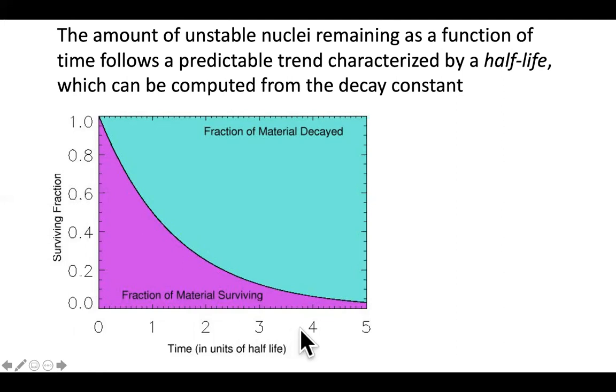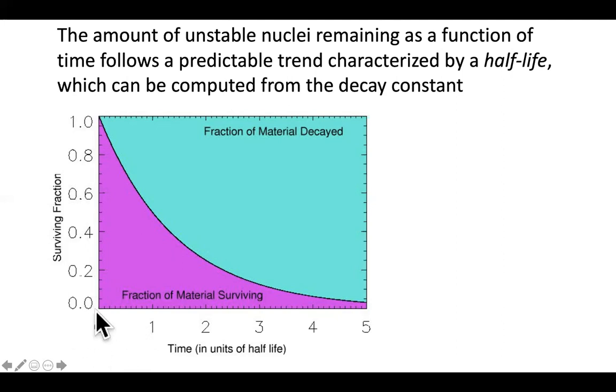So this is just time increasing to the right. At first we have lots, and as time goes on, we have less. So the pink region is how much material is still in its original form. The blue is what fraction of it is now in the form of whatever the transformation is. This is the stuff that has undergone either alpha or beta decay. This is the material, the fraction that has not.